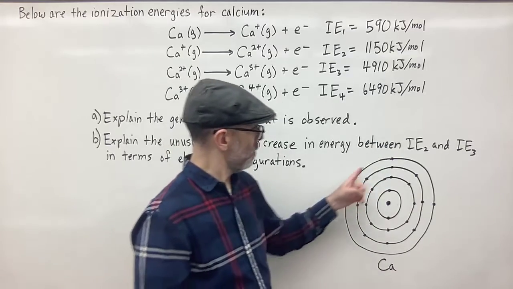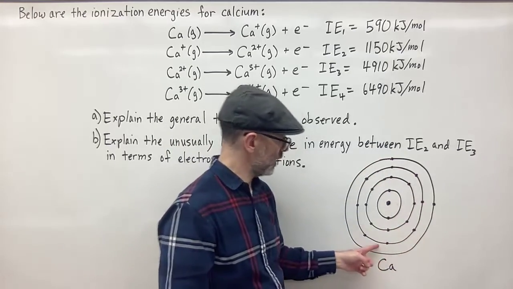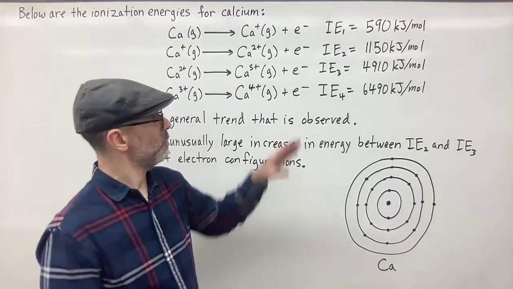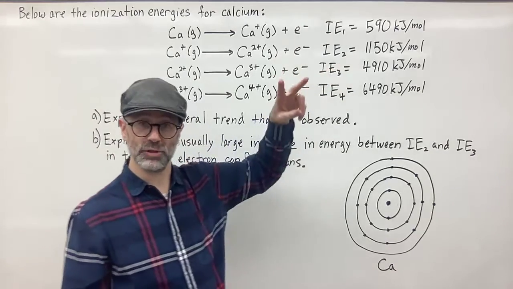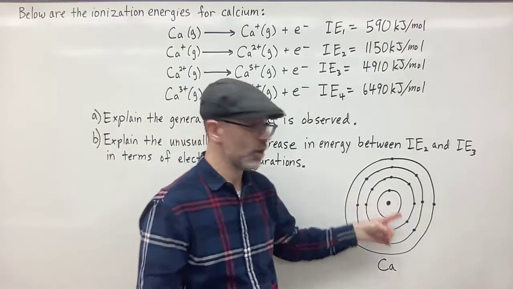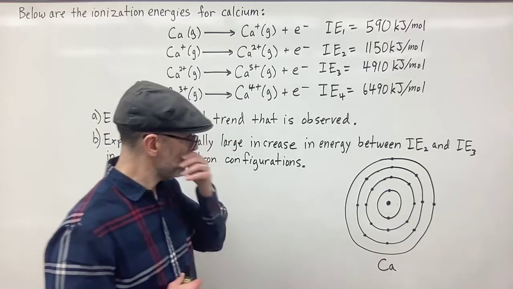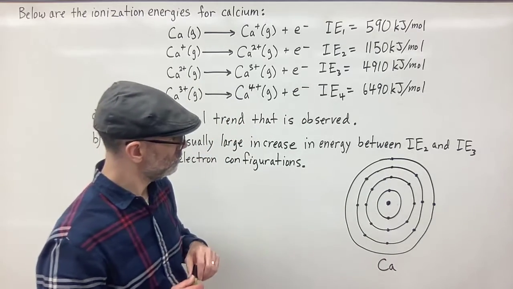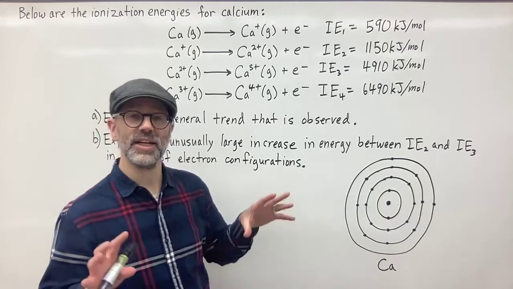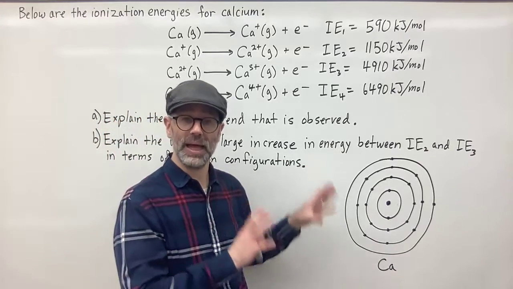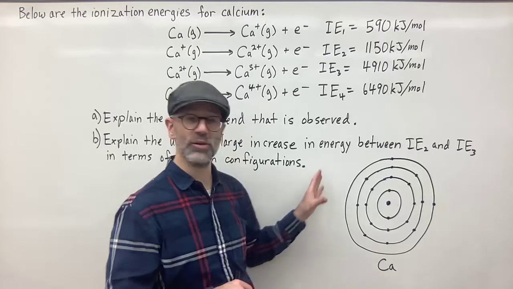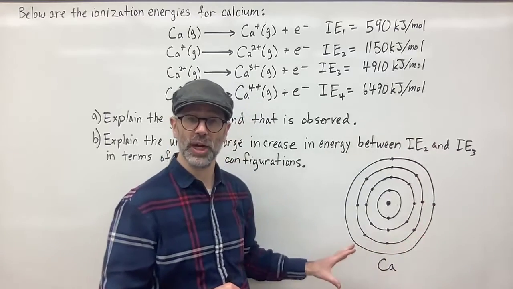And so if you remove any of these electrons, again, because you've removed two electrons, that's going to reduce the amount of repelling force and therefore allow the electrons to feel a greater pull.